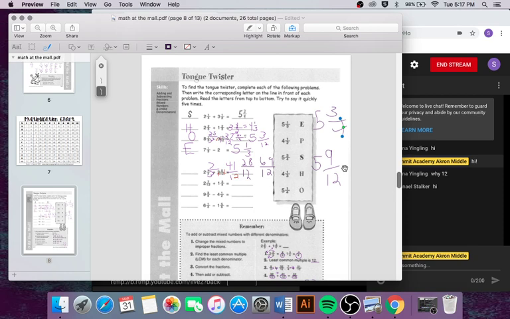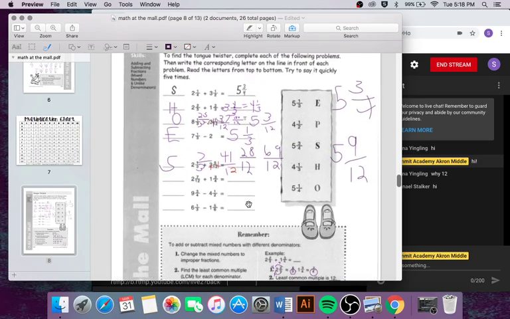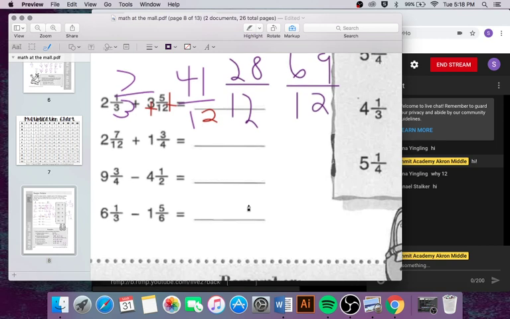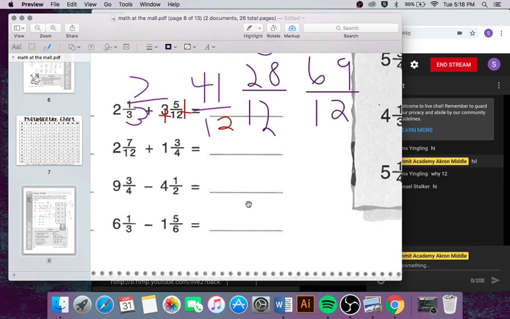So 5 3/4 is S. So that's what our next letter is going to be. Down here for the next one, we're going to change these into improper fractions.